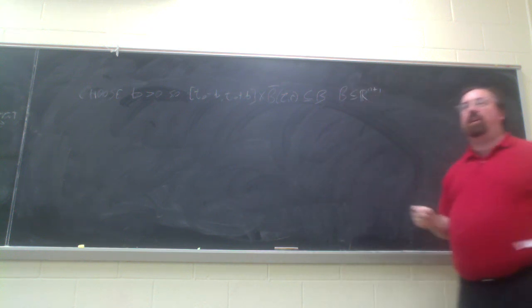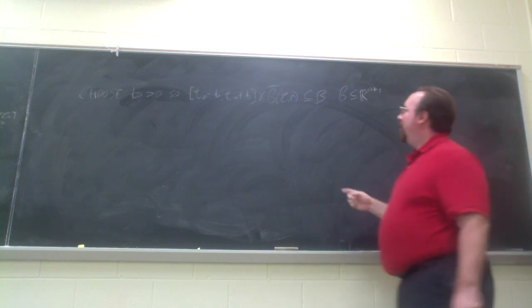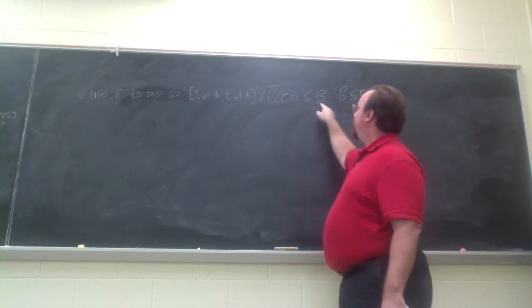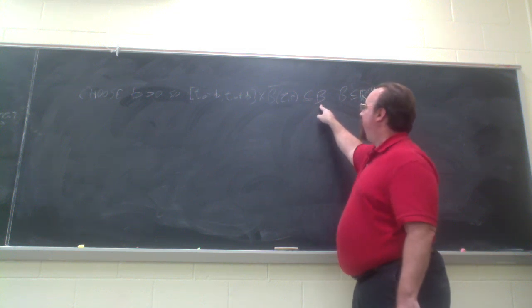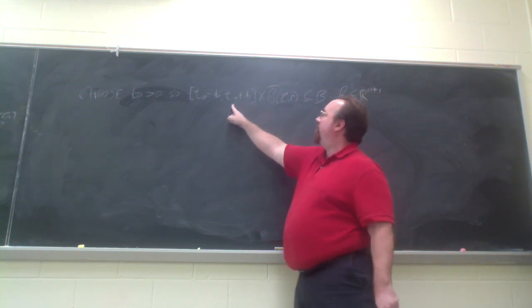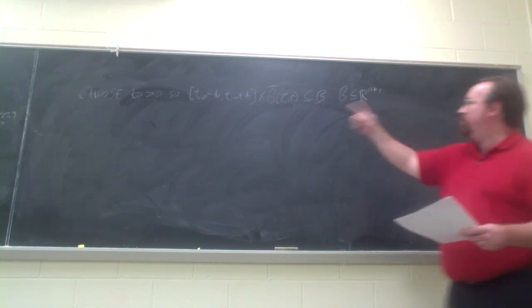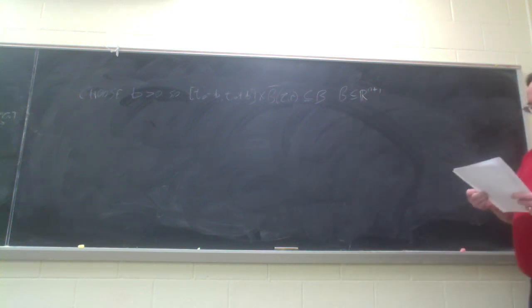It has your spatial variables and your time variable. So this would be defined on a slice of B. But if I take it in combination with a time interval, then it makes sense to talk about this whole Cartesian product being contained within big B.